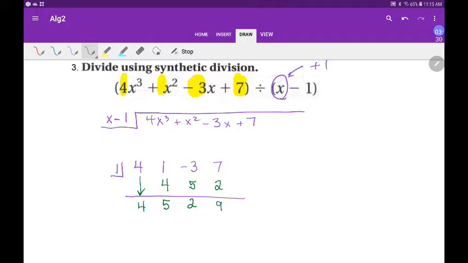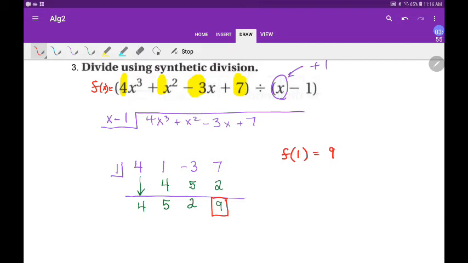And we say, okay, that's my result. And that's what I would get if I were to plug in, this is f of x, and it equals that. If I plug in a 1, then I'm going to get 9.